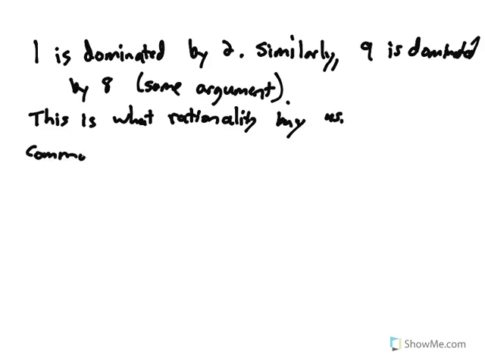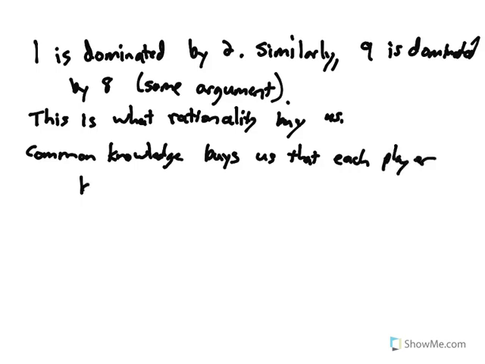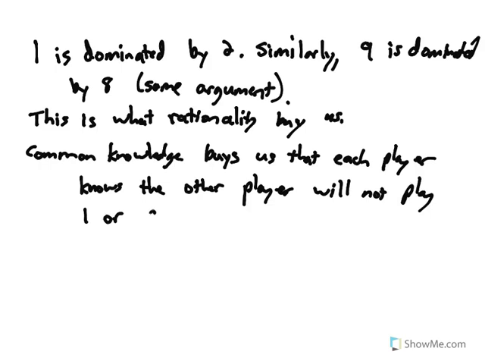Common knowledge of rationality buys us that each player knows the other player will not play 1 or 9.